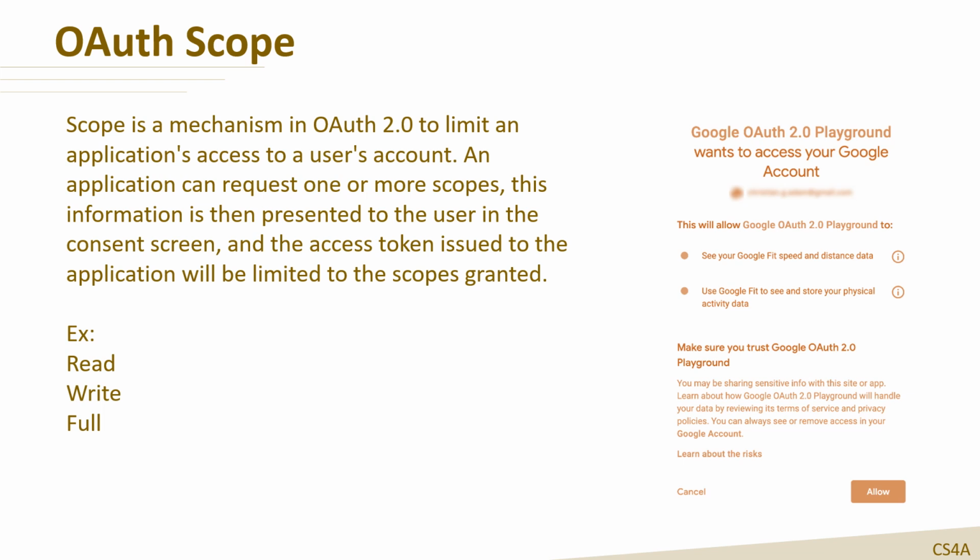So this is a simple OAuth scope. Basically, applications will have read, write, and full access scopes. Based on the scope selection, the third-party application can only do the selected scope permissions on the application's resource server.